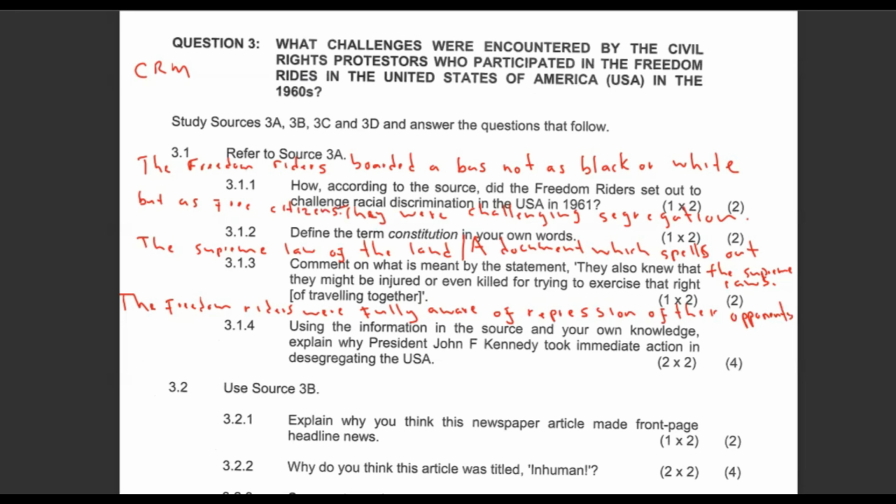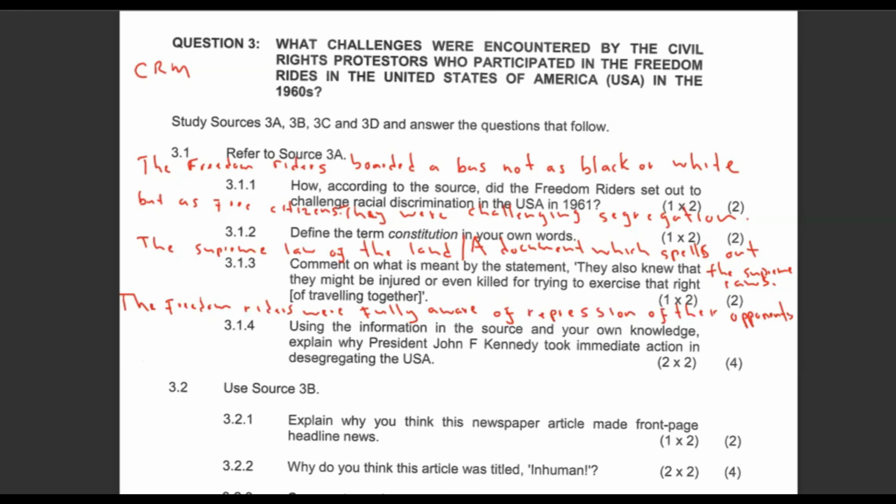Using the information in the source below and your own knowledge, explain why President J.F. Kennedy took immediate action of desegregating the United States of America. All right, so in this one, we need to find reasons why he took immediate action.